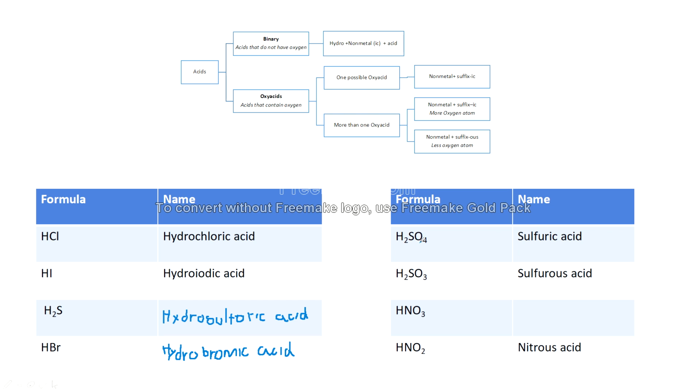The first one has 4 oxygen atoms, and the second one has 3 oxygen atoms. So the first one will end with IC, and this one will end with OUS. So we have sulfuric acid and sulfurous acid. You need to pay attention to these two terminations.